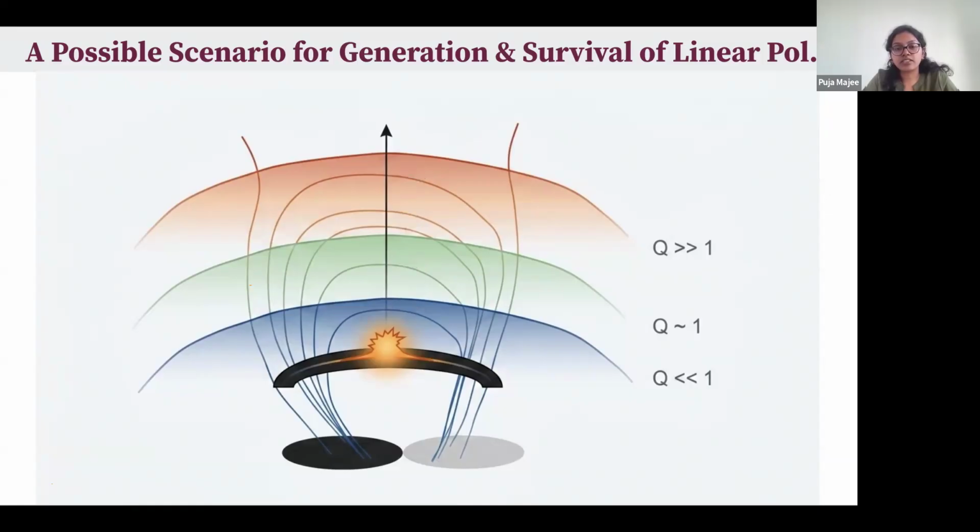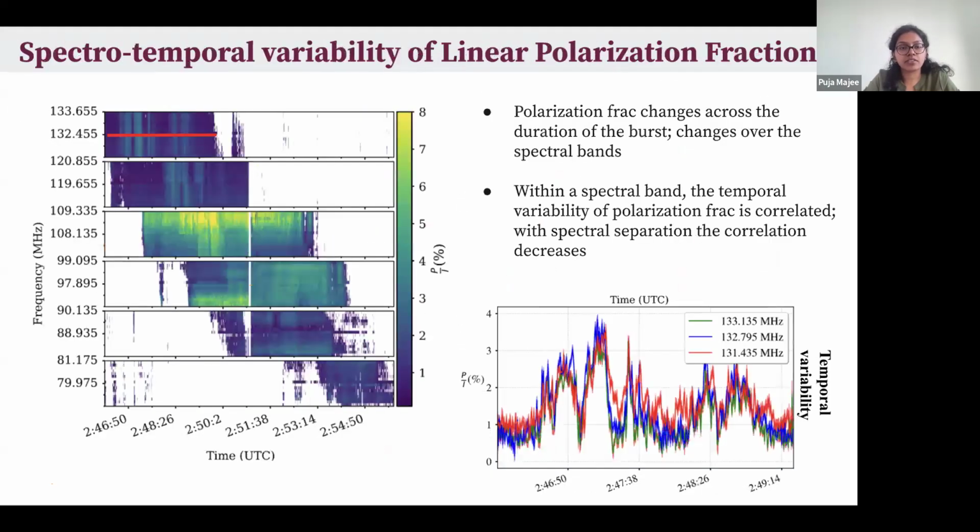So far, with the six bands that we have, we don't see any monotonic increase or decrease with frequency. It seems like in the middle frequencies it's higher as compared to the highest and the lowest frequencies. Okay.